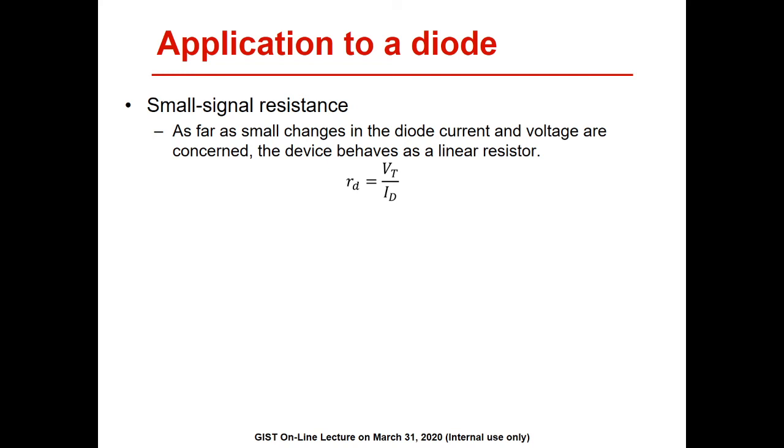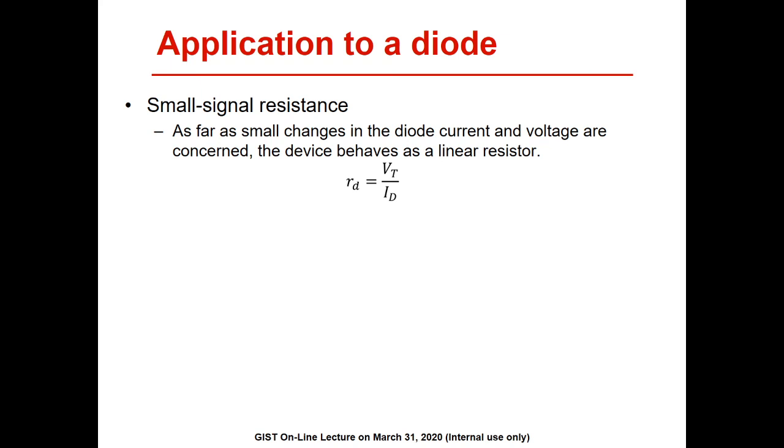Since there is a linear relation between the AC voltage and the AC current, a small signal resistance is enough to represent their relation. This small signal resistance, R sub D, depends on the diode current. When the diode current is large, the small signal resistance is small.